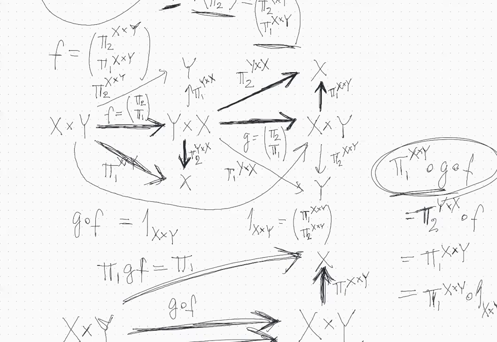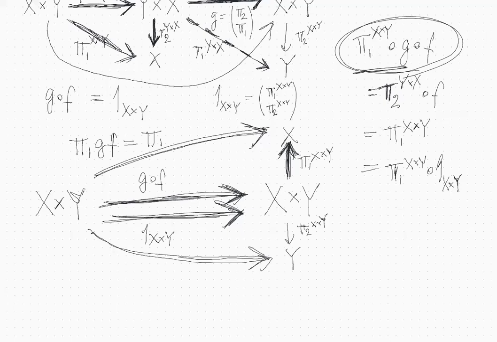So making them dashed, kind of thicker. So this will give us that pi2 composed with G composed with F equals pi2.